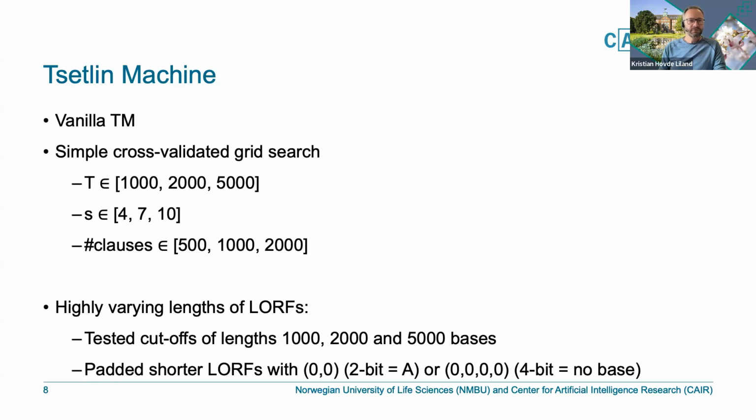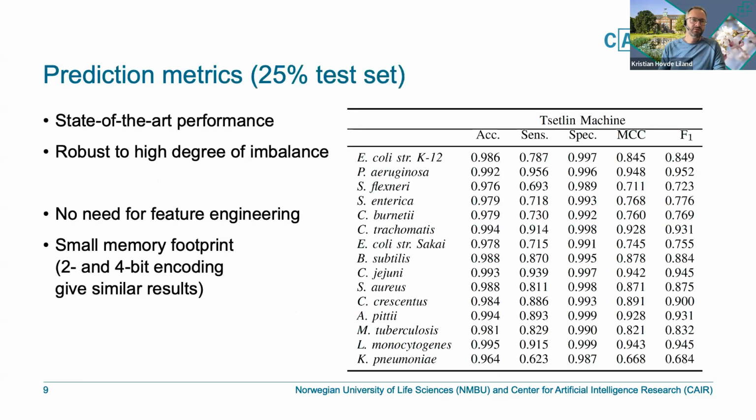So we've done a typical training, validation, test split here, where we use training and validation to find the best combination of parameters, and then we use the last 25% for testing. So what we see here is a table of the results for the Tsetlin machine. What we see here is that we get state-of-the-art performance.